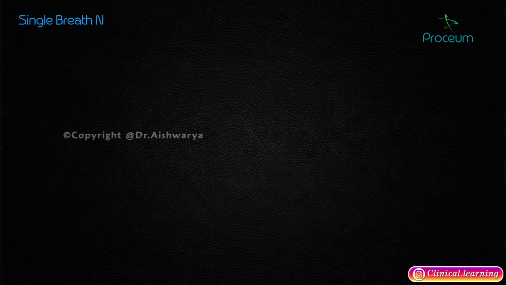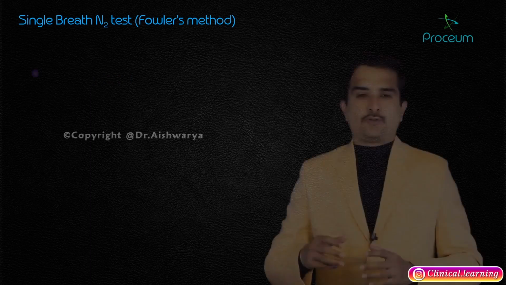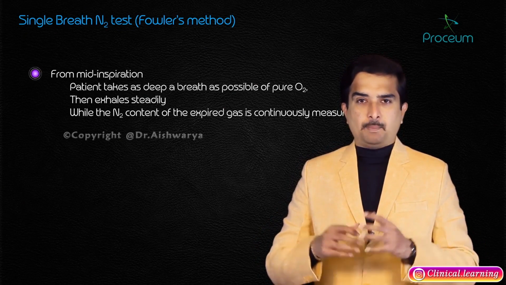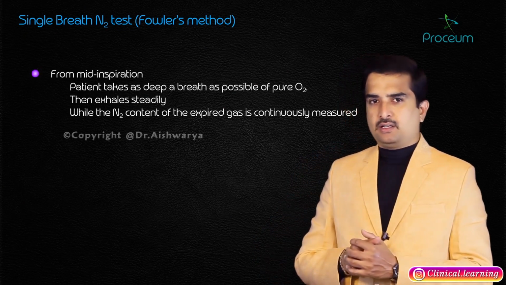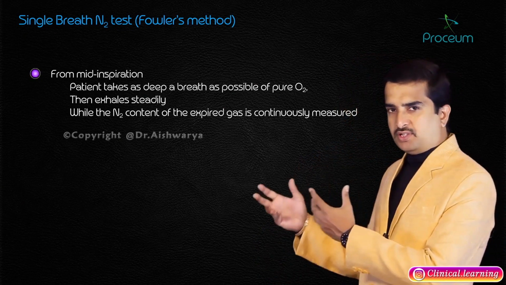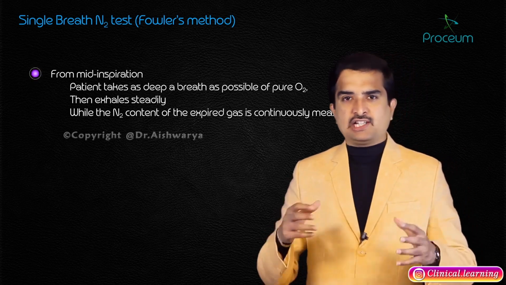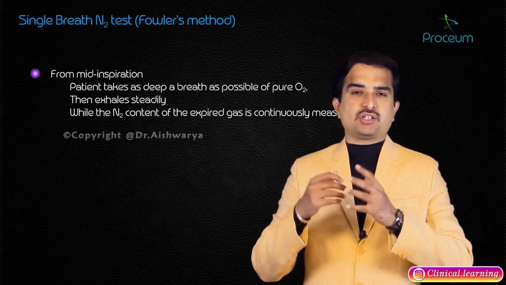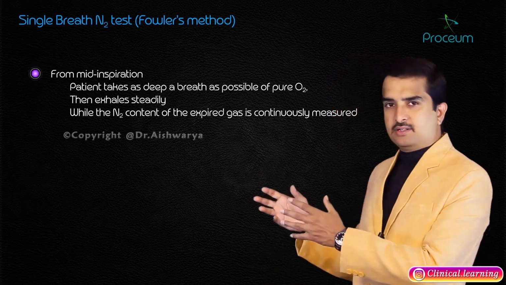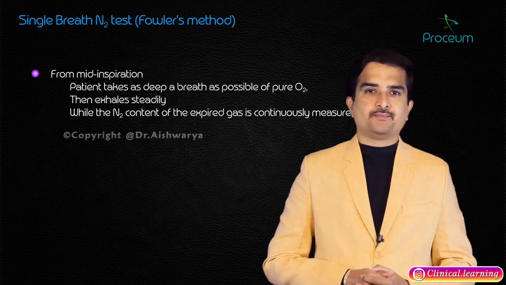The next is the single breath nitrogen test, Fowler's method. From mid-inspiration, the patient takes a deep breath of pure oxygen as much as possible and then exhales steadily while the nitrogen content of the expired gas is continuously measured.